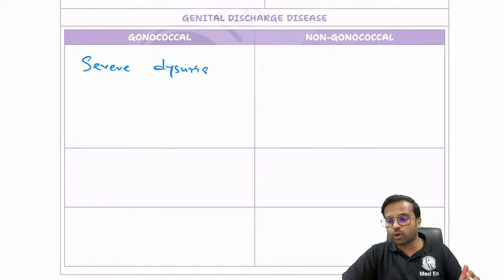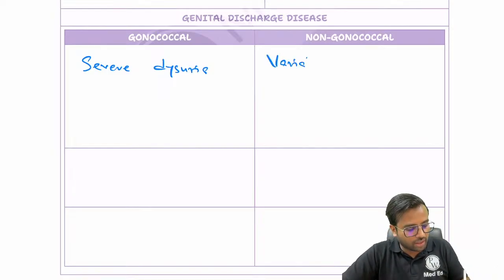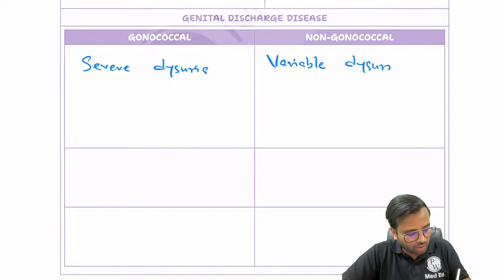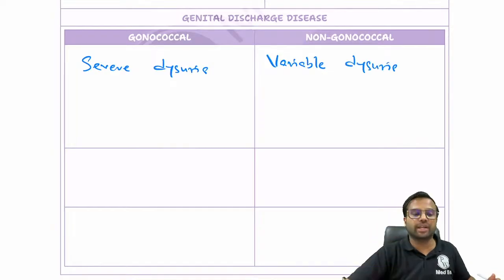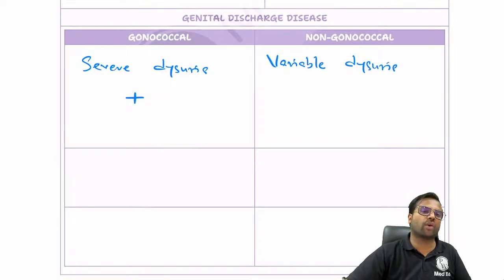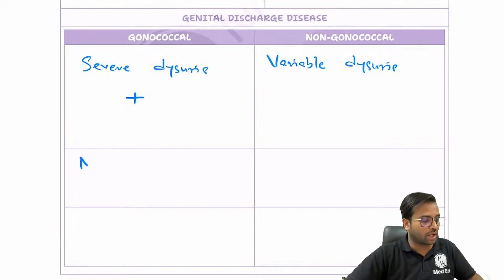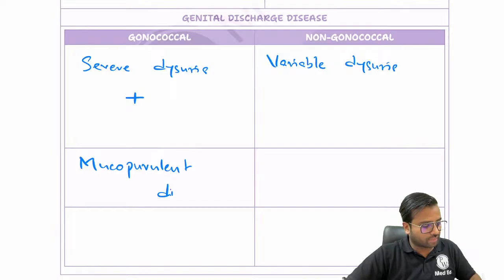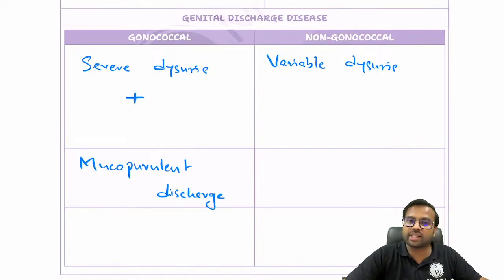Whereas in non-gonococcal, there would be a variable dysuria. So when the patient is having a severe dysuria, what is the second most important finding? What happens in a gonococcal urethritis? Anyone? Along with dysuria, what is the kind of discharge that can be seen? You can see a mucopurulent discharge, isn't it? That is how you can diagnose a gonococcal urethritis.